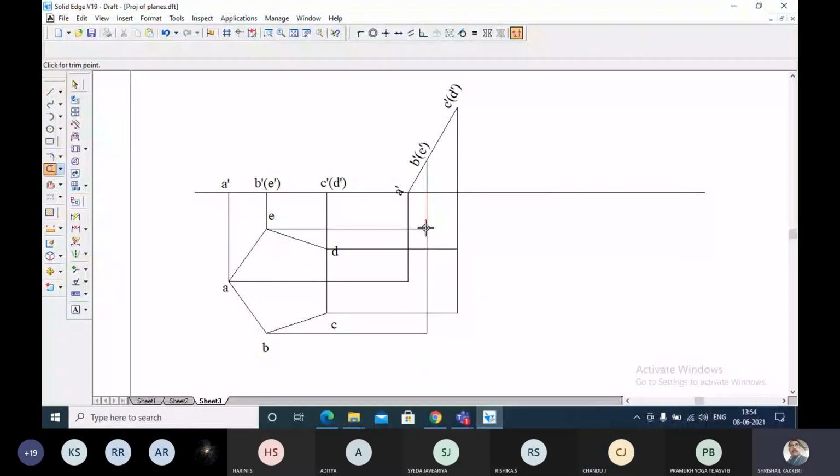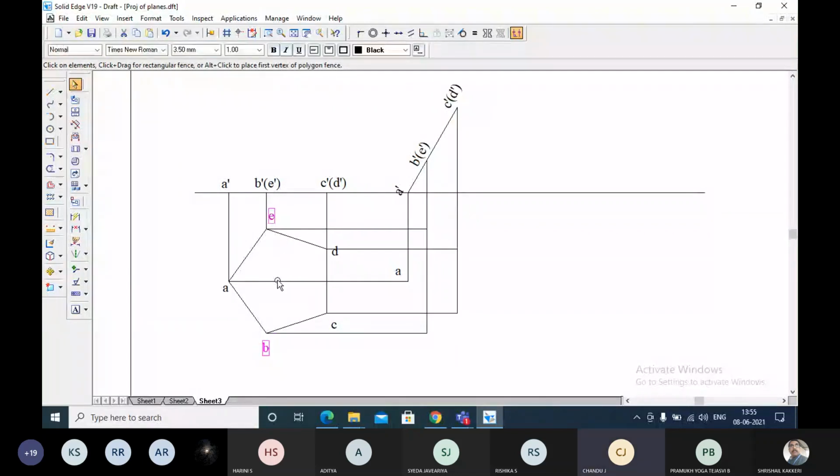Now let me draw a line from A, or before that, as I told you, kindly locate the lettering. Otherwise, you will be facing the problem.